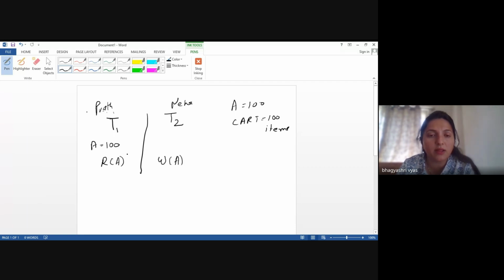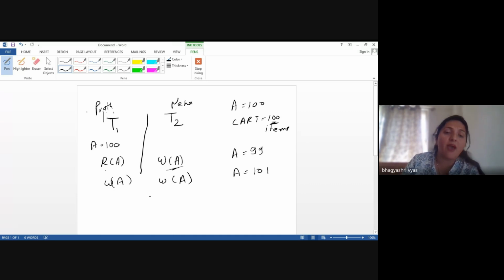Reading the value does not affect the cart value, but writing the value will affect it. Maybe it will become 99, or if he or she adds a value, it will become 101.